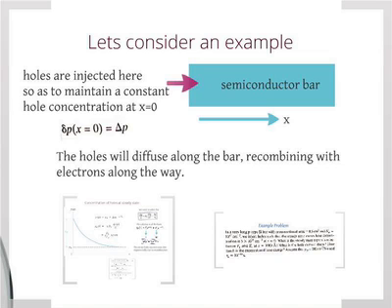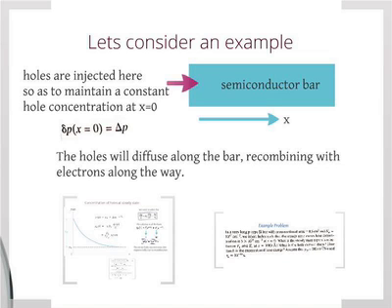Actually, delta P is the excess carrier concentration, so this is 0 before you inject, right? There is nothing in excess. That's just 0. As soon as you inject, you will get a very sharp spike here. And then, of course, as you propagate, you will expect this to diffuse and recombine and go to zero. When it's really far, it will all recombine, right? It will go away. So you would expect some sort of behavior like this.